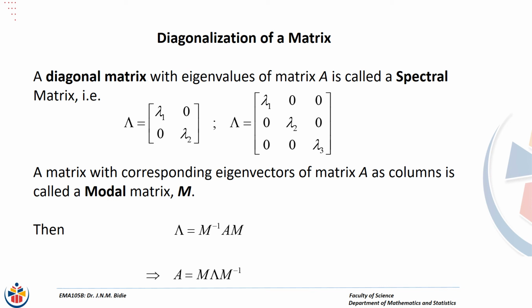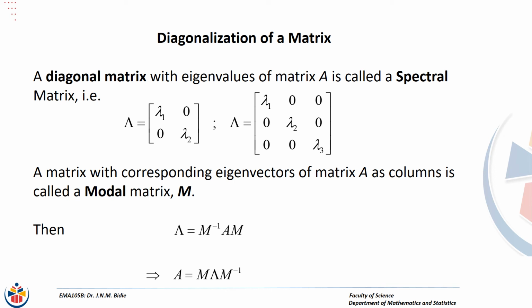Now we are able to say if you multiply the inverse of the model matrix by matrix A, and then you multiply it by the model matrix, you will get the spectral matrix. So that means you've diagonalized matrix A. So M inverse times A times M will always give you the spectral matrix.